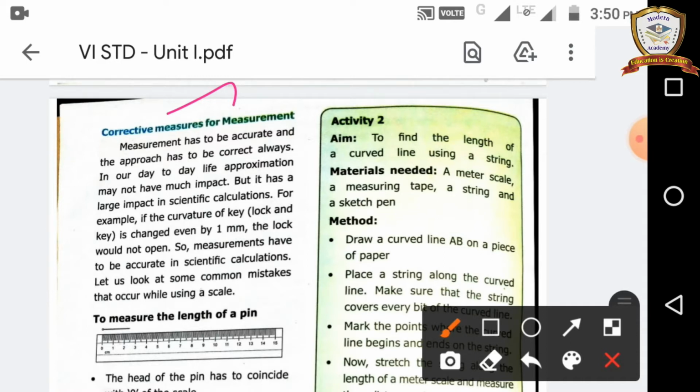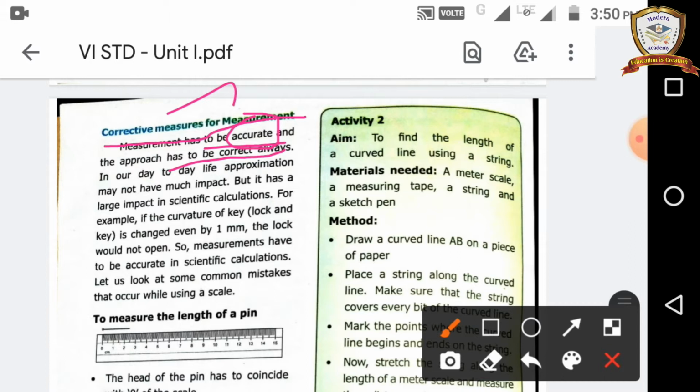Your first heading, corrective measures for measurement. So measurement has to be accurate, and the approach has to be correct always. Two important words: measurement has to be accurate and the approach has to be correct.